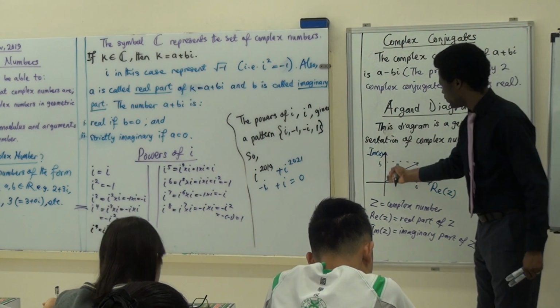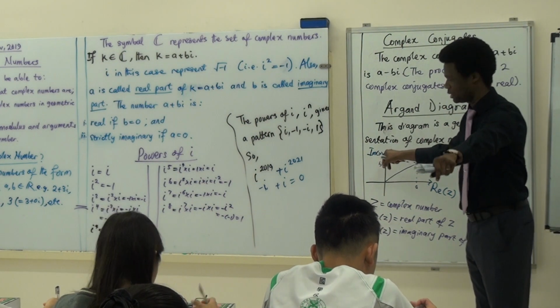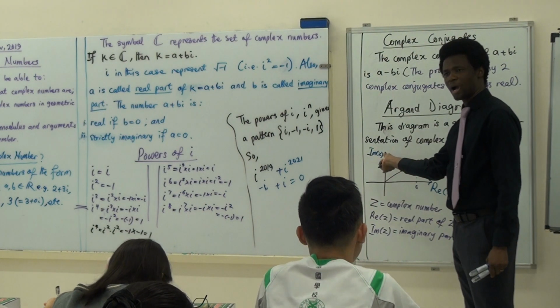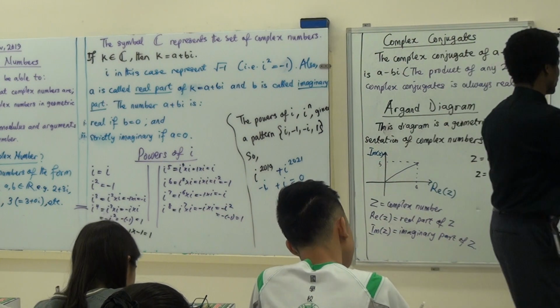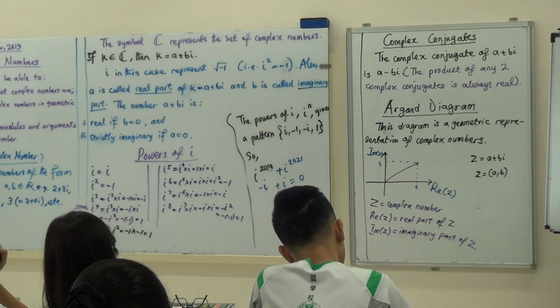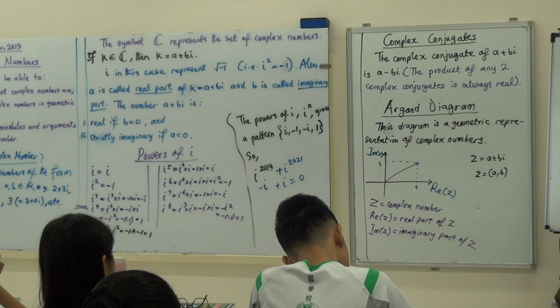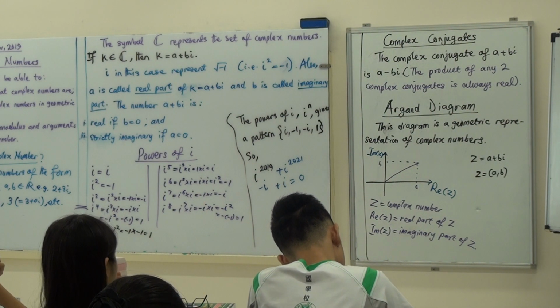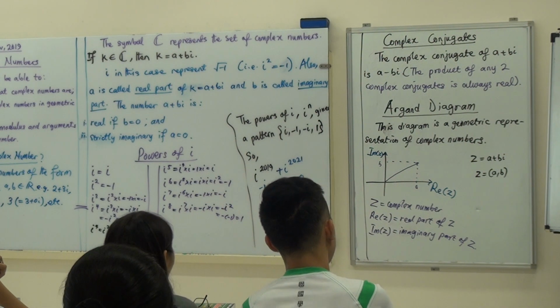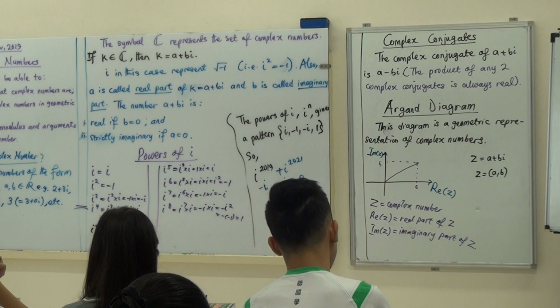This is the axis that is not there. So picture it this way. You have your x and y axis, but there's another, so this is maybe your x axis, y axis, and this is your imaginary axis. So when you plot the graph, you only deal with this plane, because there's another plane you are not considering.